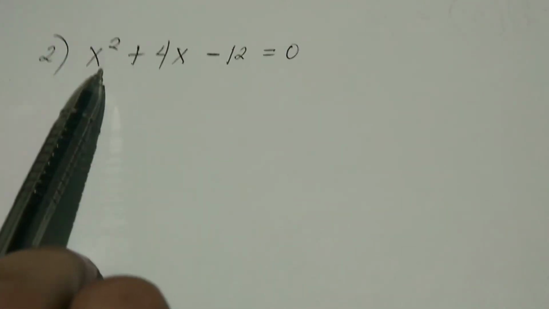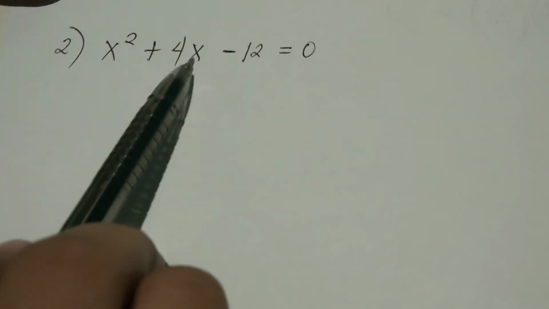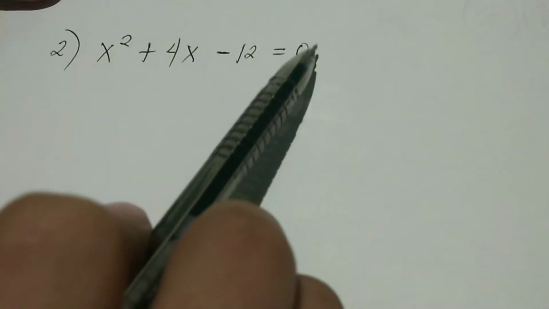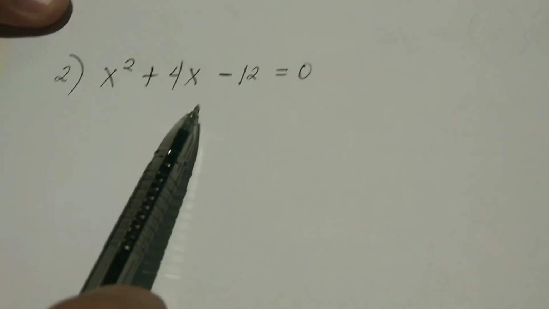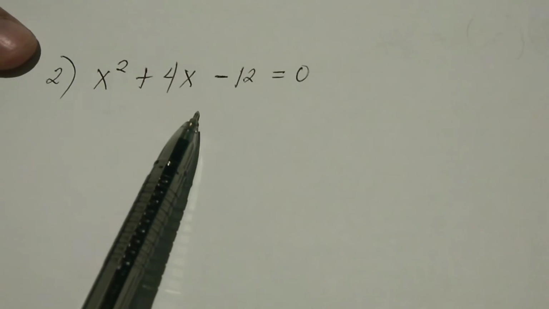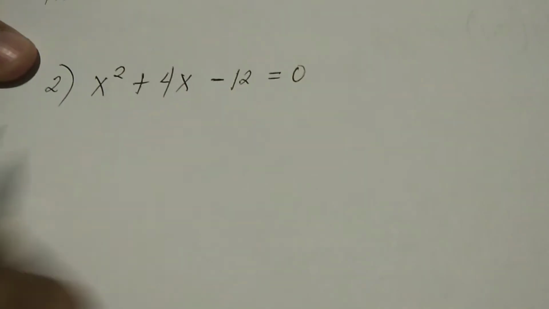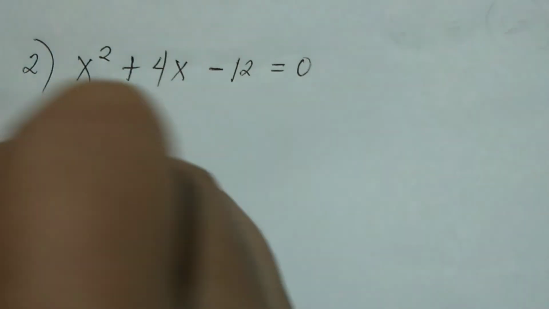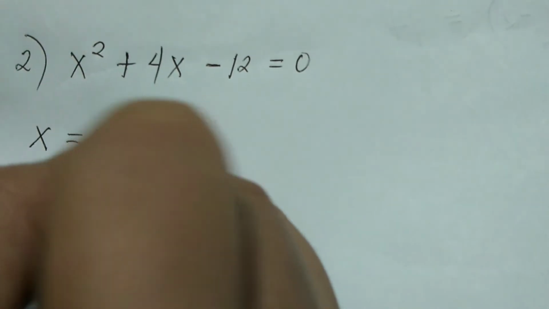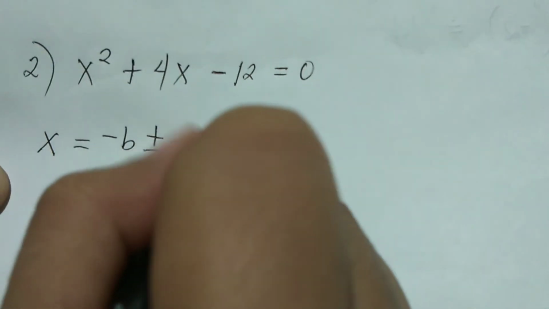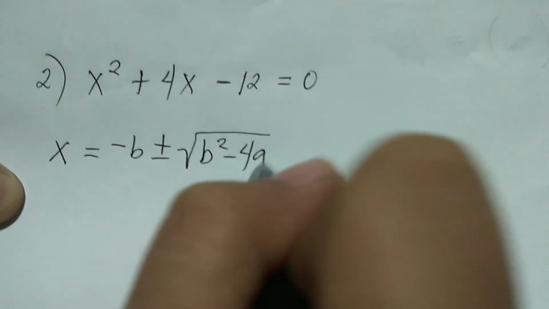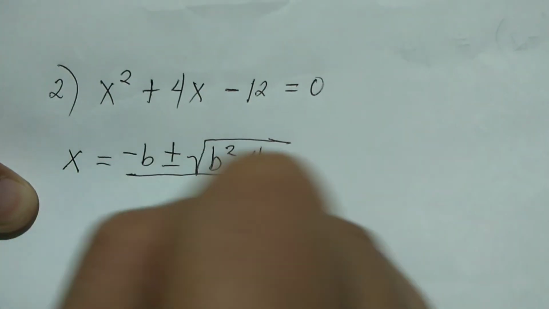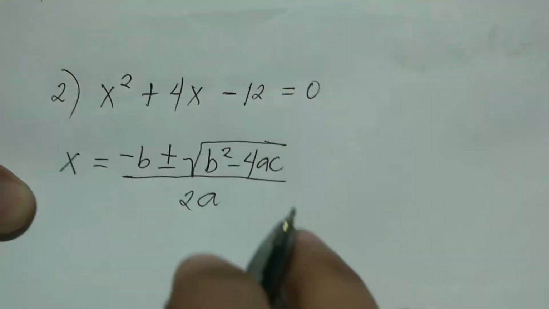Okay, next example. X squared plus 4x minus 12 is equal to 0. So, dito naman, gagamit tayo ng quadratic formula. So, the quadratic formula is x is equal to negative b plus or minus the square root of b squared minus 4ac divided by 2a.